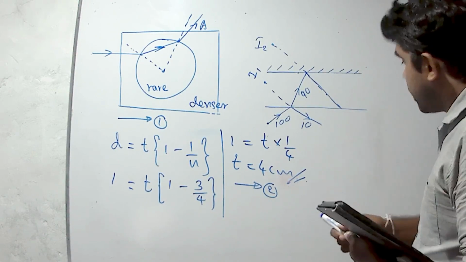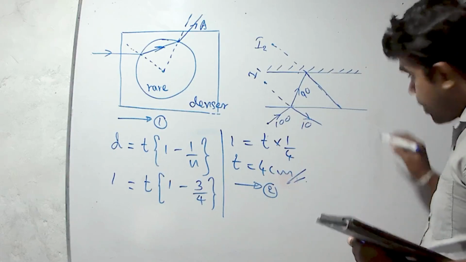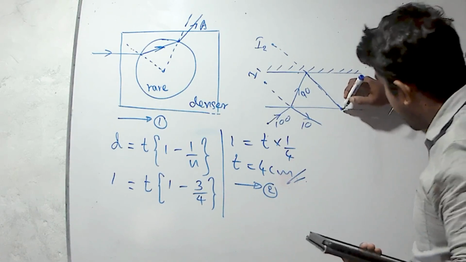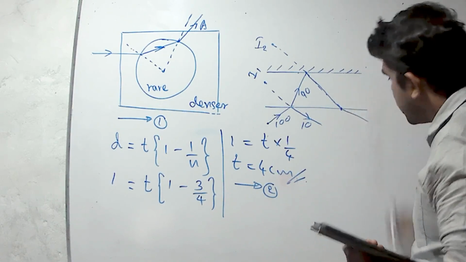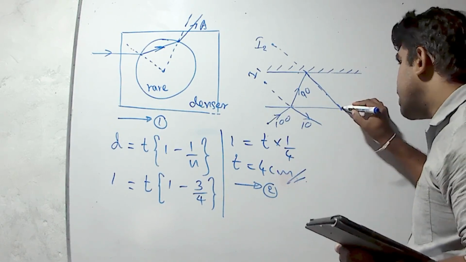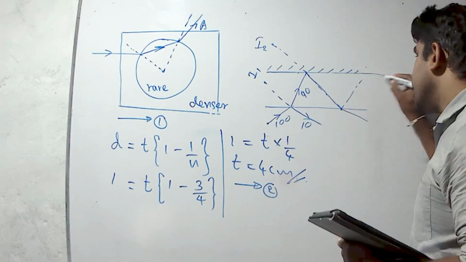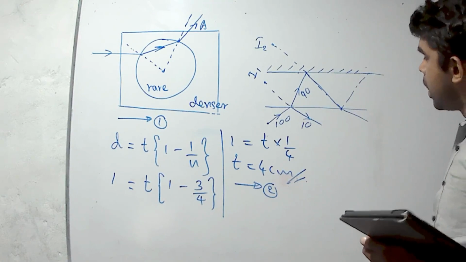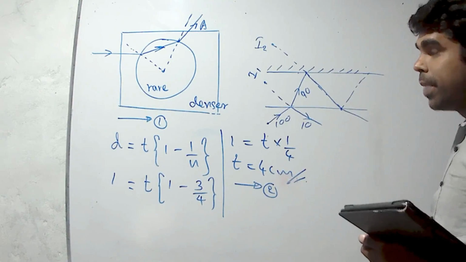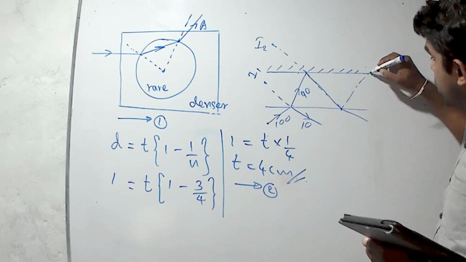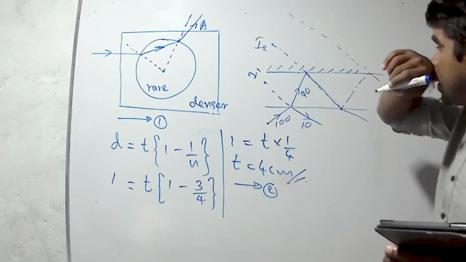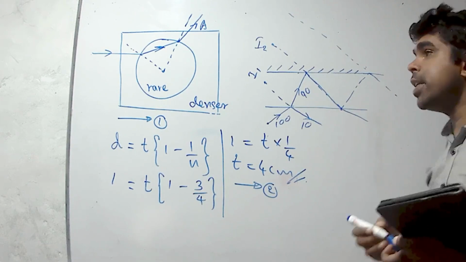After this point, the ray is refracting to the outer medium. There is a partial reflection into the glass medium. Therefore, when making the third image, it is partial.